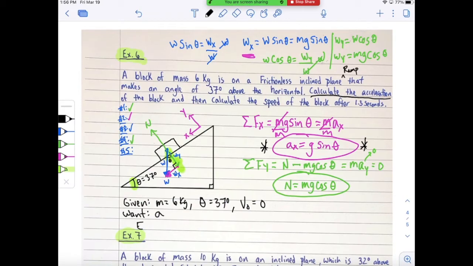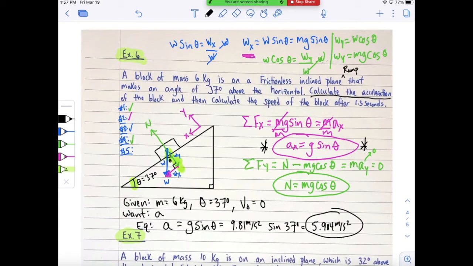So the equation that we're going to use for this is the acceleration of a block on an inclined plane is just equal to g sine of theta. So it'd be 9.81 meters per second squared times the sine of 37 degrees. And if you crunch that, we should get something like 5.904 meters per second squared.